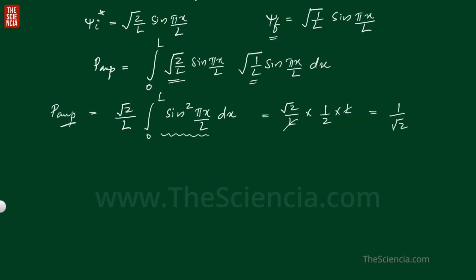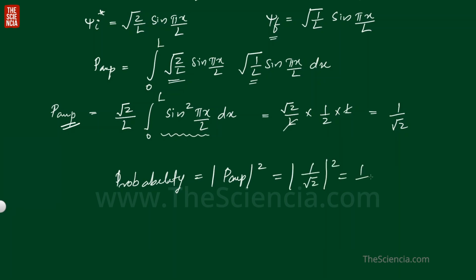So this is the probability amplitude only. To get the probability, we have to take the modulus square of the probability amplitude. So we get the modulus square of 1 by root 2, that is equal to 1 by 2, that is, the probability is 50%. Okay.